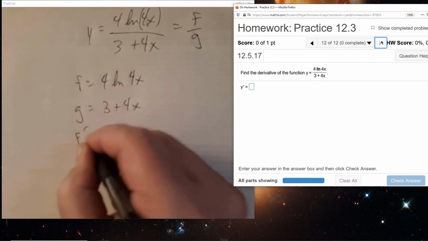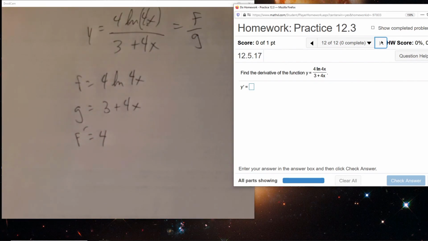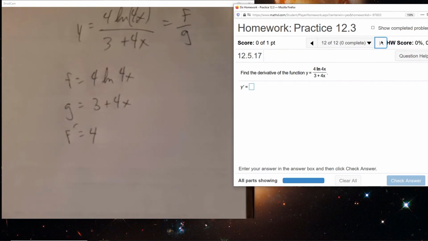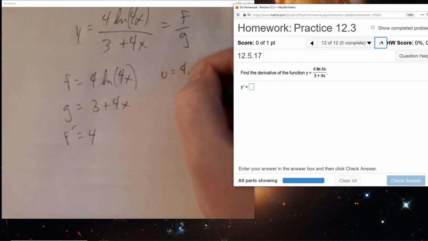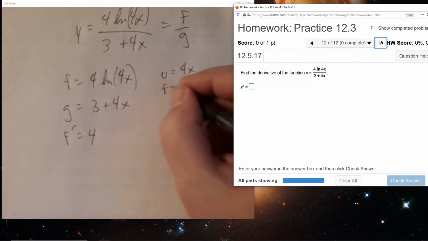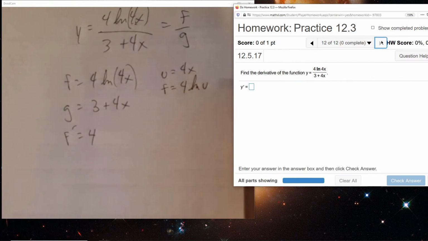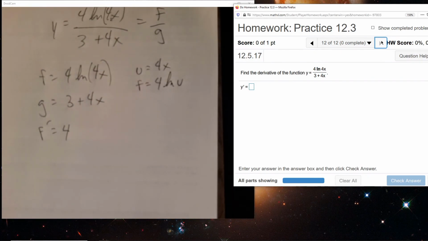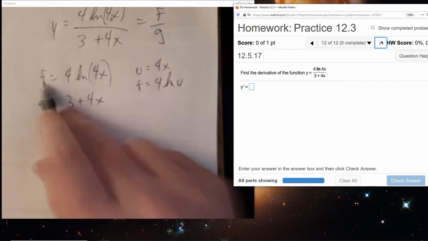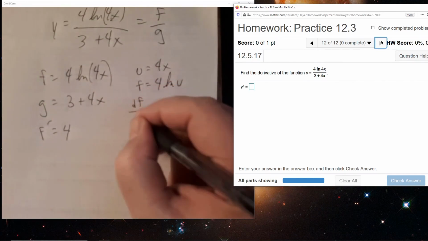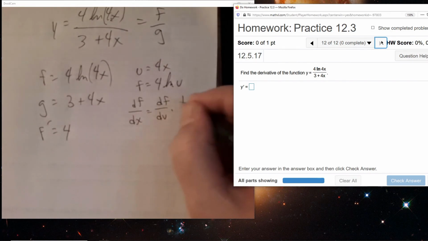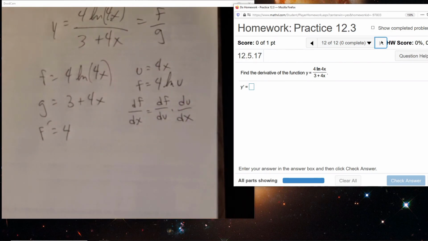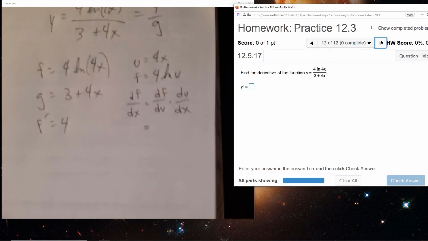So the derivative of f is where we have the chain rule. So we'll take the inner function, we'll define it as u, which makes the outer function much simpler. In terms of the letters given, f and x, the derivative of f with respect to x, according to the chain rule, and so we'll fill in those pieces.